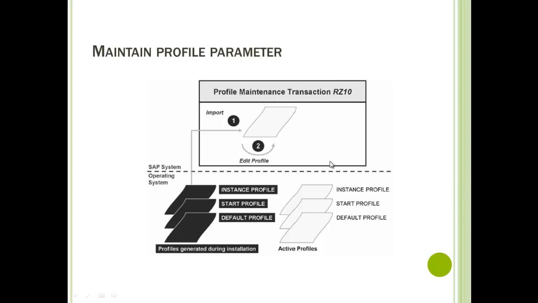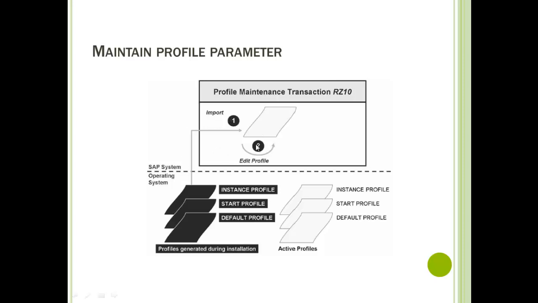So this diagram explains the profile parameters. This is the SAP system, and we have the operating system, where we already saw the different profile parameters. The first step, as soon as you implement SAP, is that the profile parameters are in the operating system. So you need to import the profile parameters into the SAP system and check the consistency of the profile which we have created.